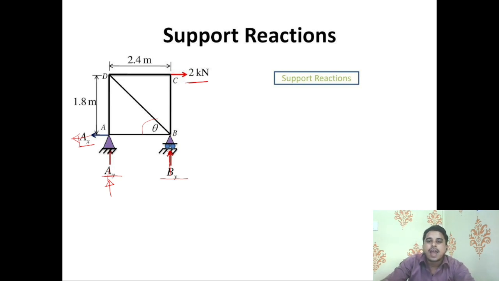Now we have to find the support reactions first, because without support reactions we cannot set a joint and we cannot move to the further joint. So the beginning point is to find the support reactions.